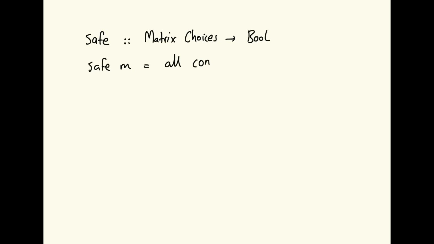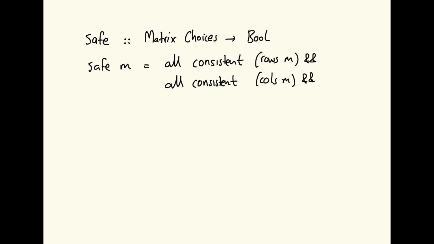I'm just going to say if all the rows are consistent, so no duplicate single entries, and all of the columns are consistent, and finally all of the boxes are consistent. So I'm just using my helper functions: rows, columns, and boxes. And of course, I haven't yet defined what it means to be consistent.